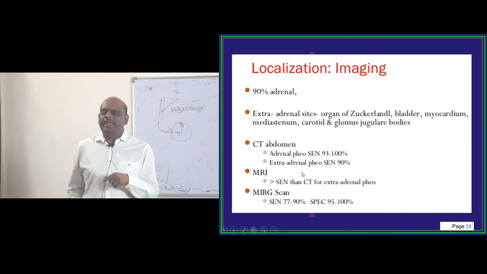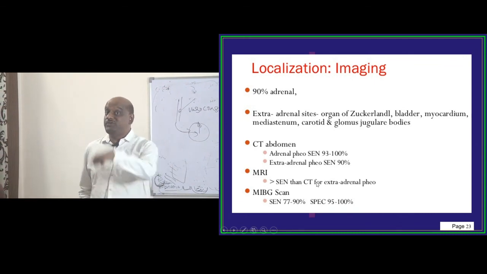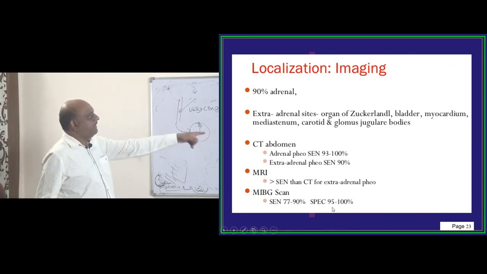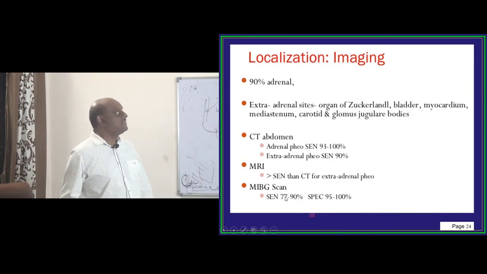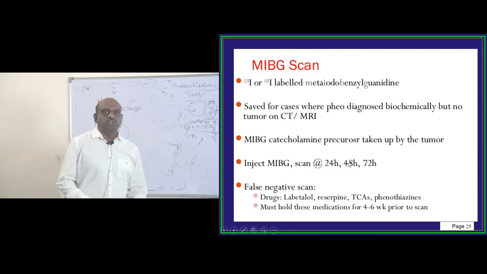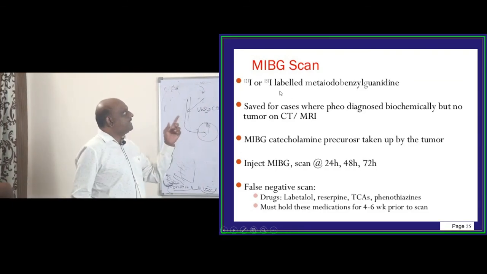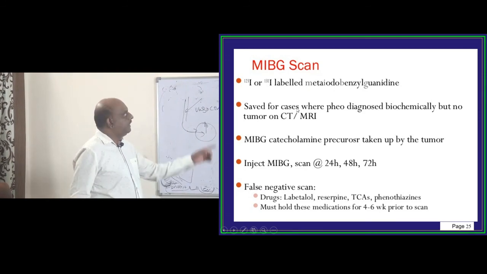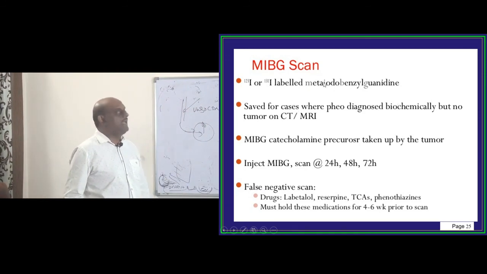MIBG scan से advantage क्या बोले तो इसका sensitivity कम है मगर specificity बहुत high. It is between 95 to 100% is the specificity if it is MIBG scan is what you need to ultimately remember. So what is MIBG? You will be using I-123 or I-131. Meta-iodobenzylguanidine is the name of the MIBG.